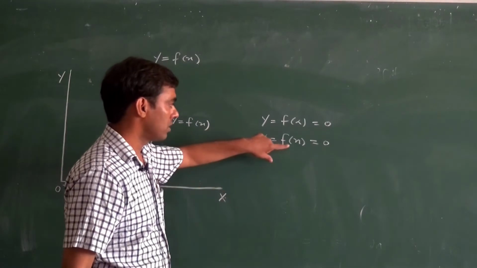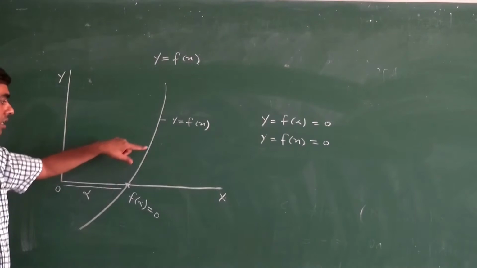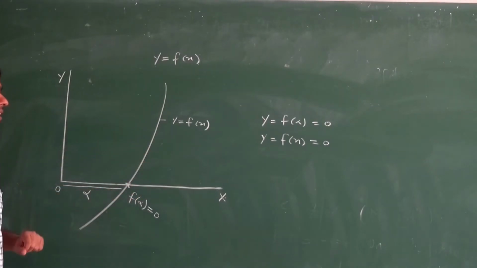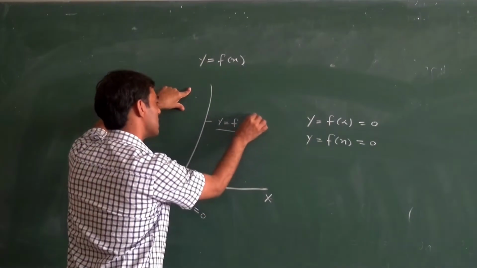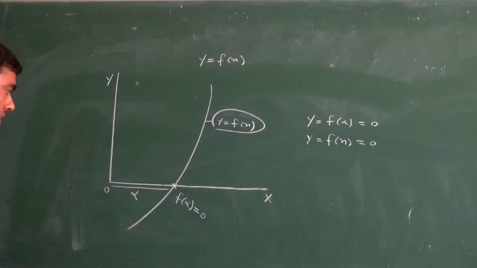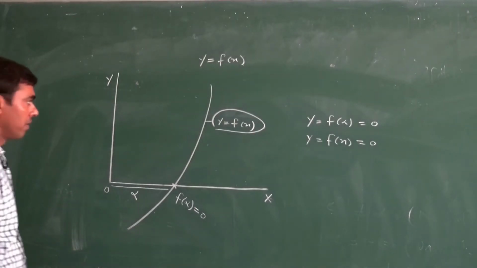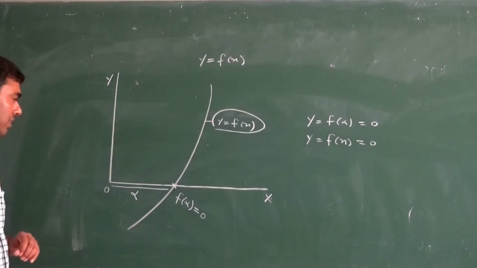So such values of x which intersect on the x-axis are called what? They are called roots or solutions of this algebraic or transcendental equation.